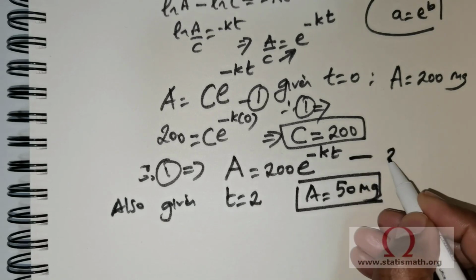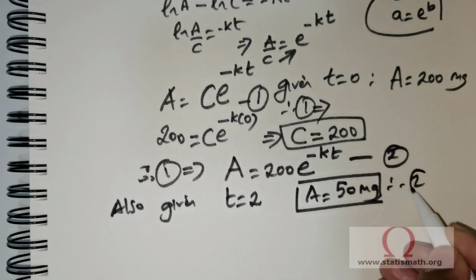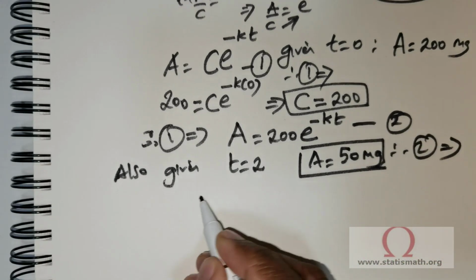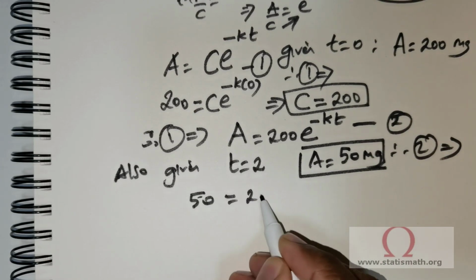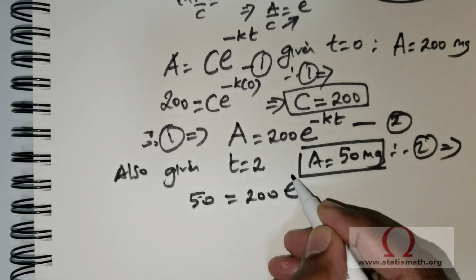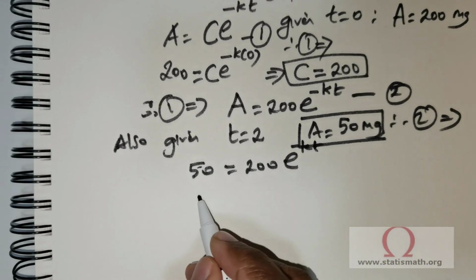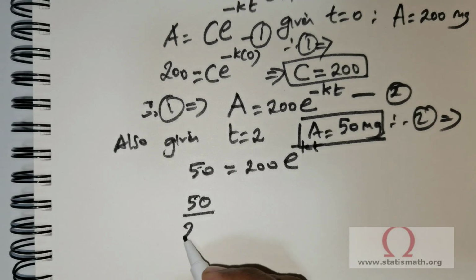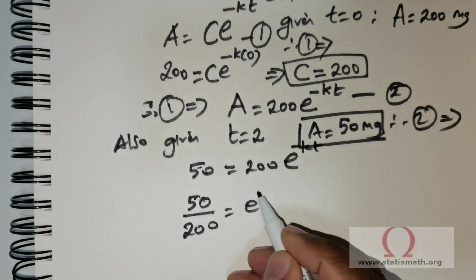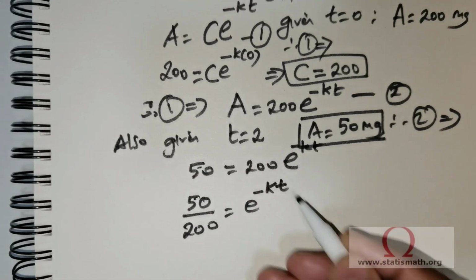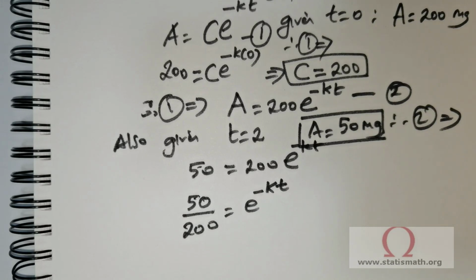So if I were to take this as 2, therefore 2 can now be rewritten as 50 is equal to 200 e raised to the power negative k times T. Okay, so I can bring 50 divided by 200 is equal to e raised to the power negative k times T. I can always write it like this.